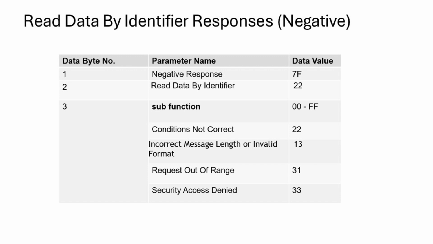more specific, for example, 22 F1 90, if you are requesting other more bytes, 22 F1 90 0102, then you will get this invalid length. And then request out of range.